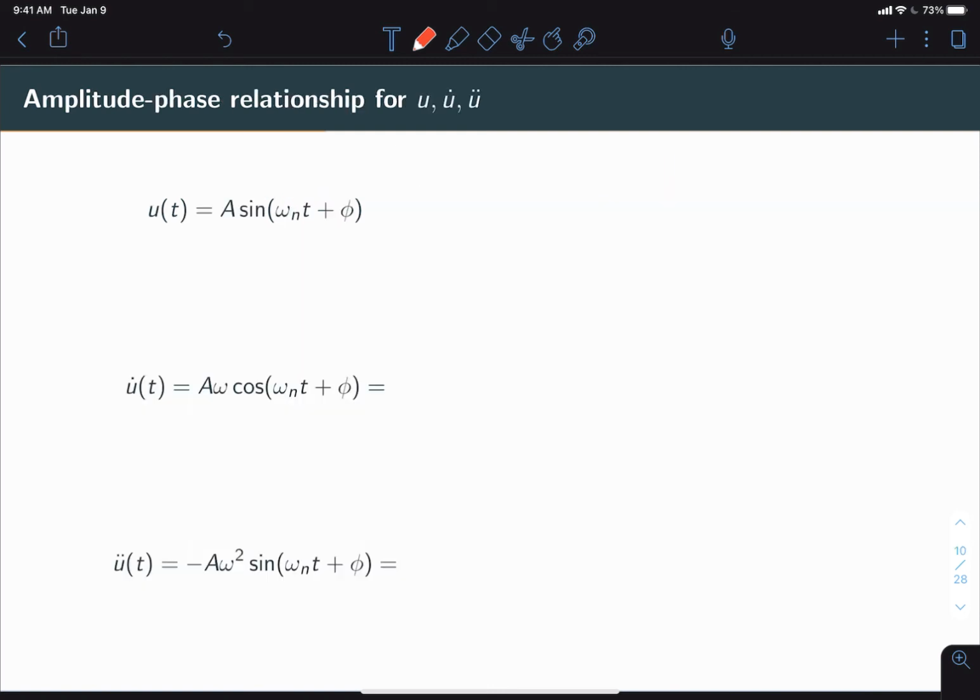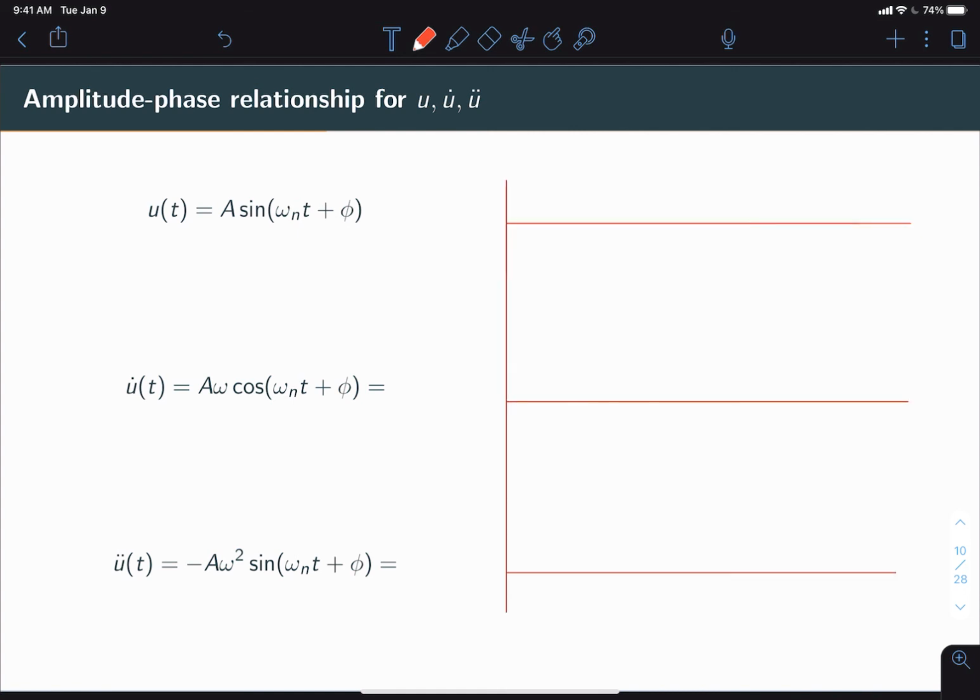Lastly, we can also visualize the amplitude-phase relationships between derivatives of u to look at how the corresponding amplitudes and phases change as we go from displacement to velocity to acceleration. So let's go ahead and plot these side by side. Let's start with the displacement solution, and we'll just draw a generic type of displacement curve here.